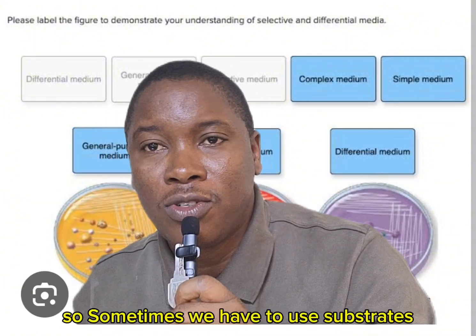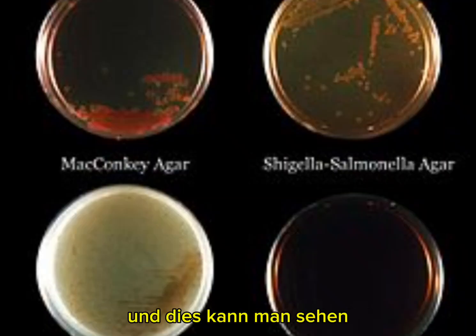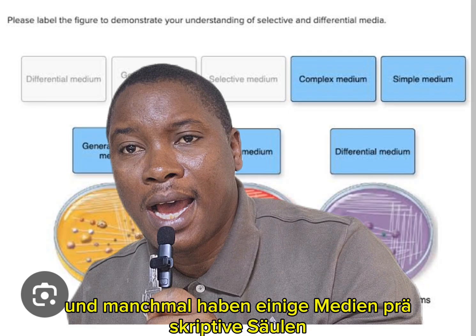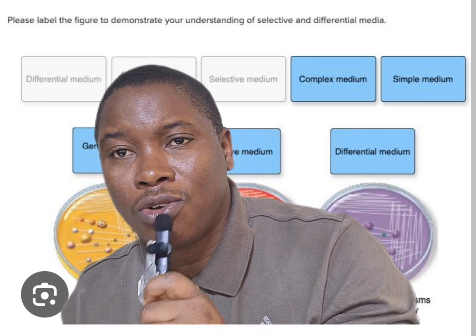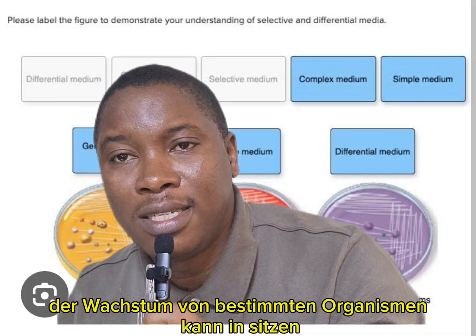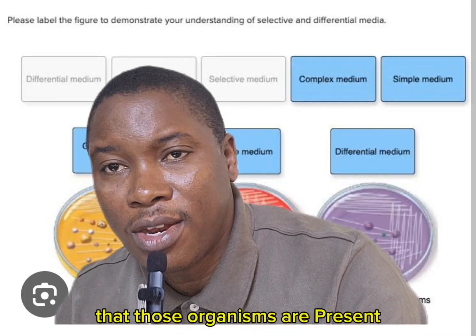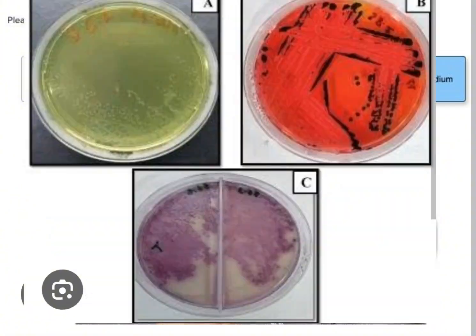So sometimes we have to use substrates that bring about a change in color, and this can be seen in different media. Then sometimes some media have precipitative salts. So the growth of particular organisms can elicit precipitation of some salts from that agar to show that those organisms are present. So these can be seen in some kinds of agars.